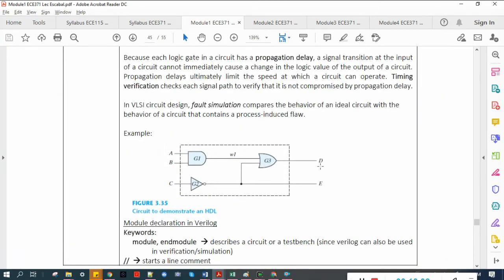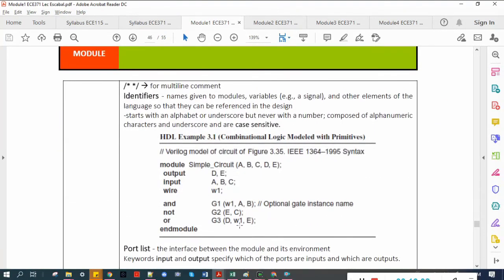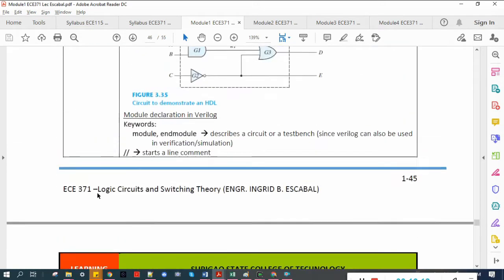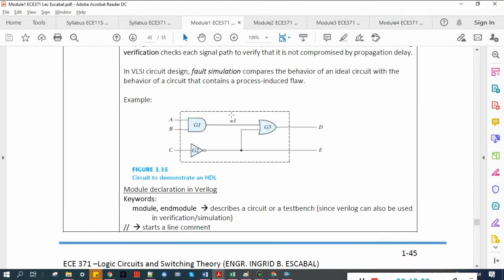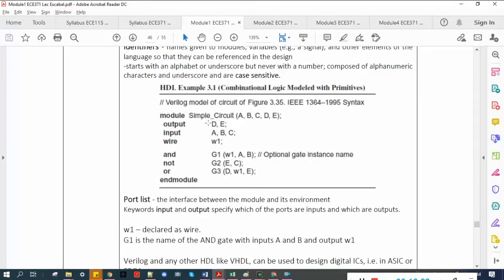The output is D, the inputs are W1 and E. So that's how we write a Verilog code for a given logic diagram. We just converted this logic diagram to its Verilog equivalent.